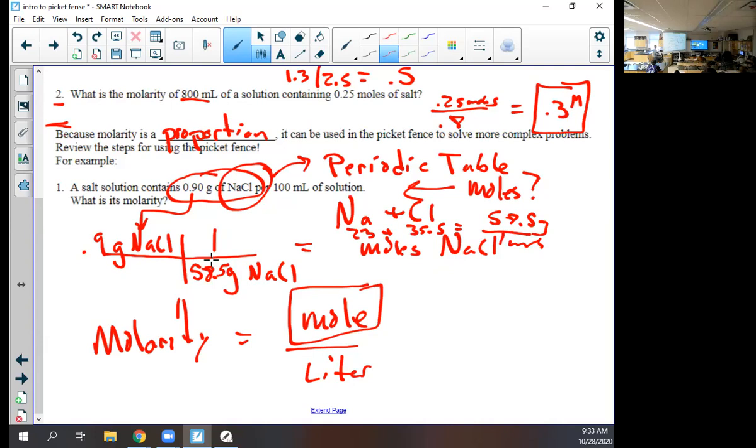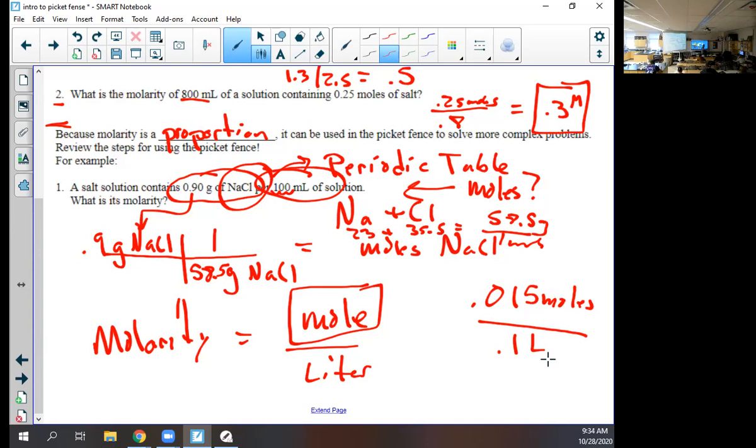Now what I want you to do is take 0.9 and divide it by 58.5. 0.015 moles. But to get molarity, I have to divide that by the volume. Well, what's the volume? It told me right here, 100 milliliters, so I go 3 places, 0.1 liter.